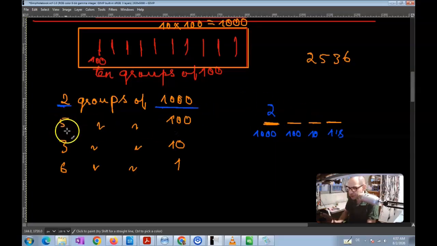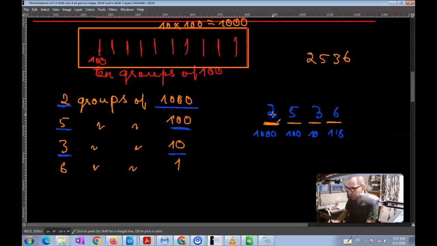Then I have 5 of these groups of 100, so I put a 5 over here to mean that I have 5 of these groups of 100. I have 3 of these groups of 10, so I put a 3 over here to mean that I have 3 of these groups of 10. And 6 groups of 1, I put a 6 over here. Now this way I have made my number.